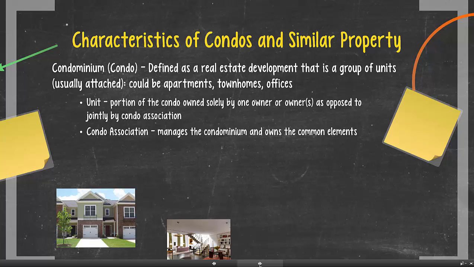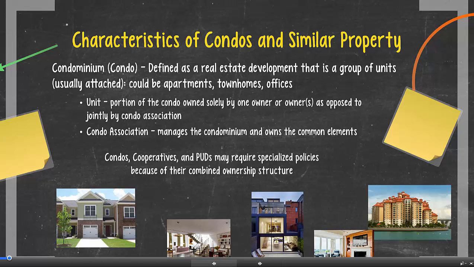So as you can imagine, between the unit and the condominium association, when it comes to insurance, you have to consider who owns what in determining who is responsible to insure what and who is responsible first to replace what property. Condos, cooperatives, and PUDs may require specialized policies because of their combined ownership structure.